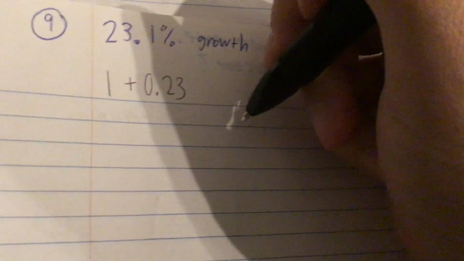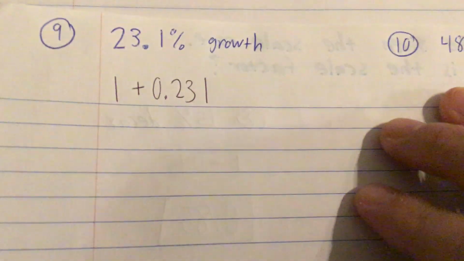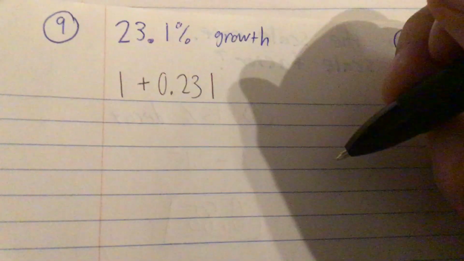If this was 23%, that'd be 0.23. But because it's 23.1%, I'm going to tack on the 1 in the thousandth place. So 1 plus 0.231, that scale factor is going to be 1.231.